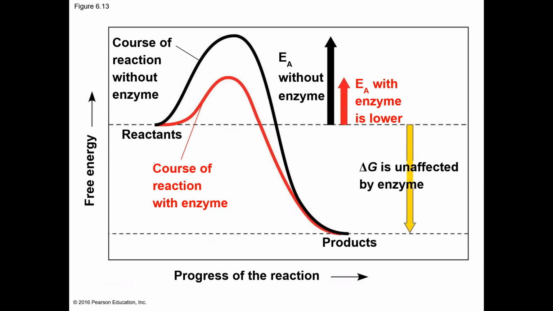We're not adding any energy into this reaction, and we're not taking away any energy in this reaction once it's started. The only thing the enzyme is doing is lowering the amount of energy needed, the activation energy, to get it activated. So it actually doesn't add or decrease any energy.